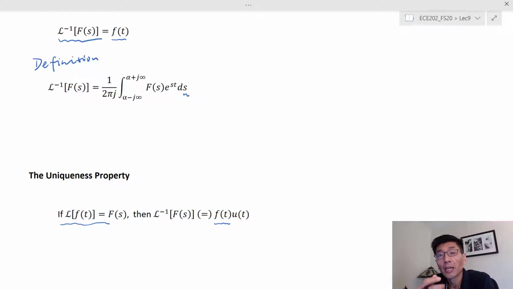Let's see, the Laplace transform of u(t) is 1 over s, right? So the inverse Laplace transform of 1 over s could be equal to u(t), or if u(t) is defined at t equal to 0, some define the step function as the text did, that u(0) is equal to 1, right?